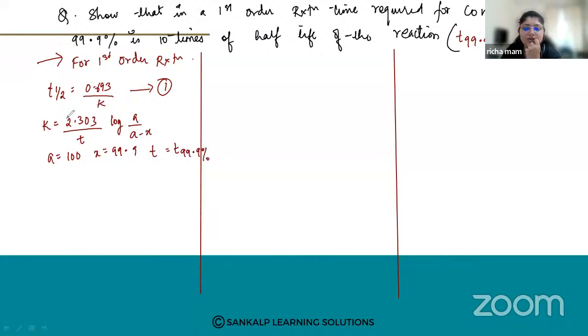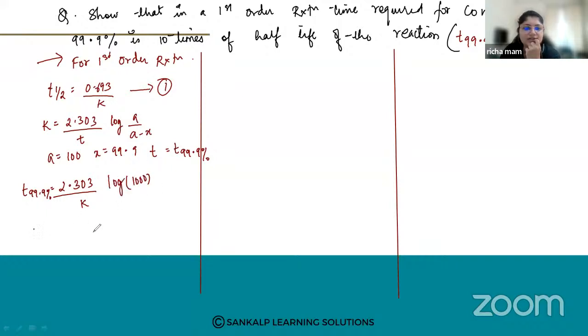Now applying this in the above equation, we get T of 99.9% is equal to 2.303 by K into log of A by A minus X, which we have seen is 1000.